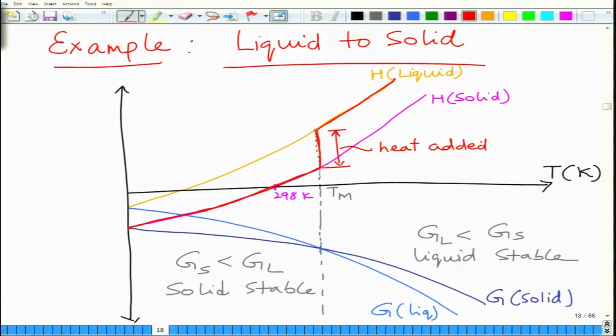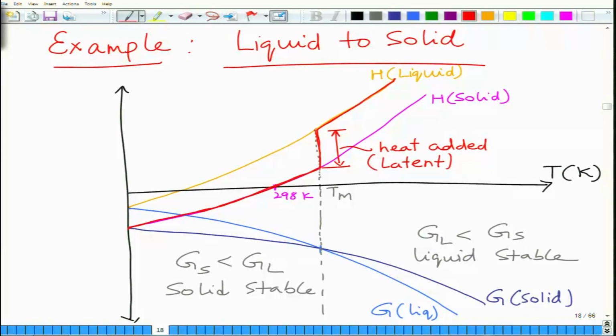This is basically the heat that is added for solid to convert into liquid, and this is basically the latent heat as we call it. So, when this heat is added, the bonds are broken, the solid is converted into liquid without raising the temperature of the material. The temperature remains at Tm, which is called the melting point.